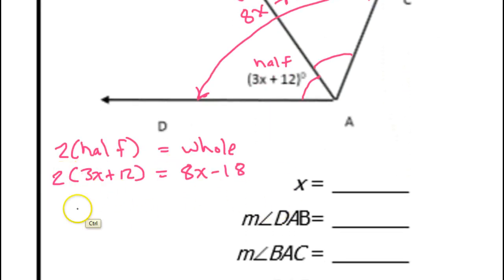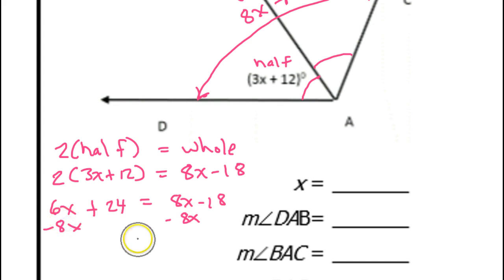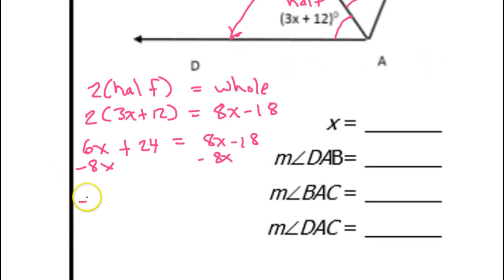Okay, so a little distributive property here, that's going to give me 6x plus 24 is equal to 8x minus 18. Subtracting 8x from both sides, that'll give me negative 2x plus 24 is equal to negative 18.